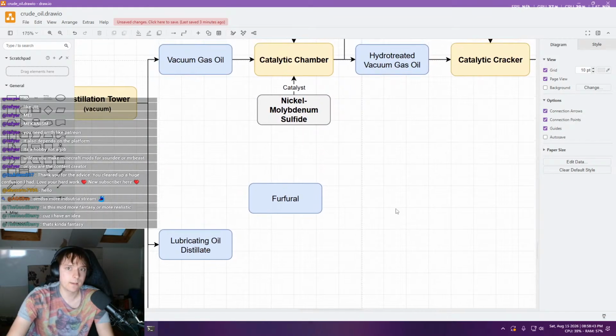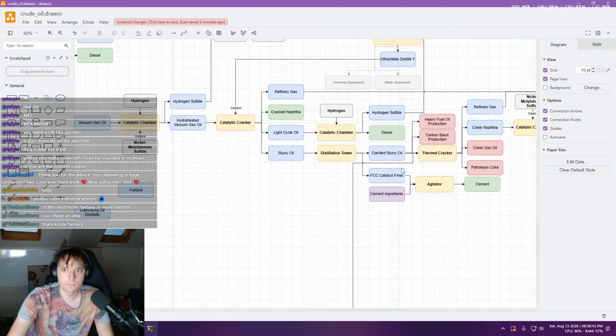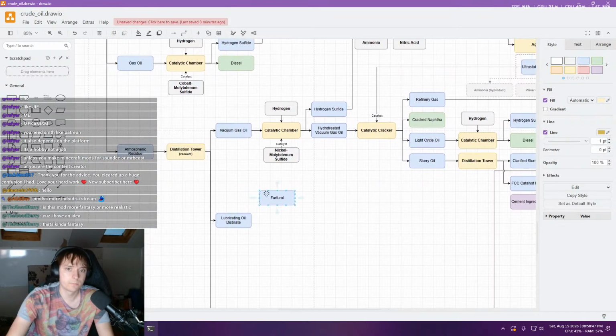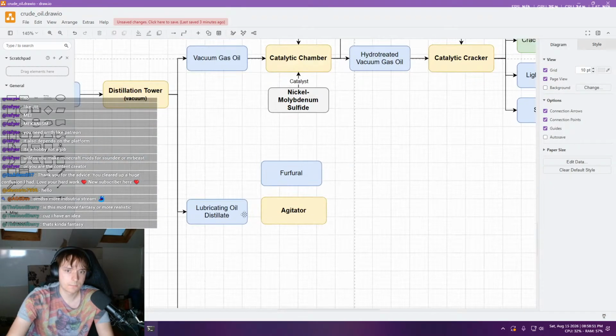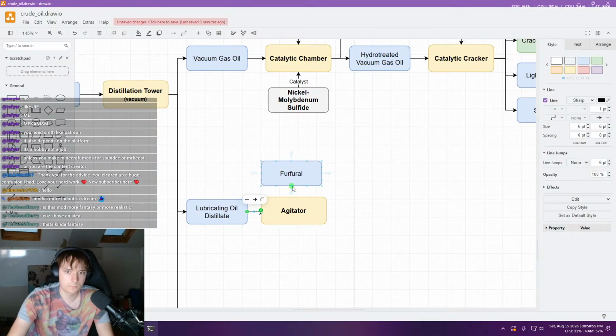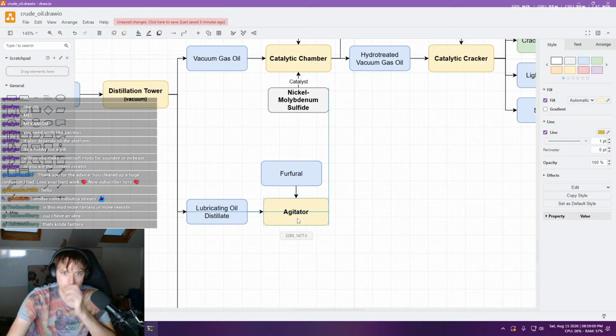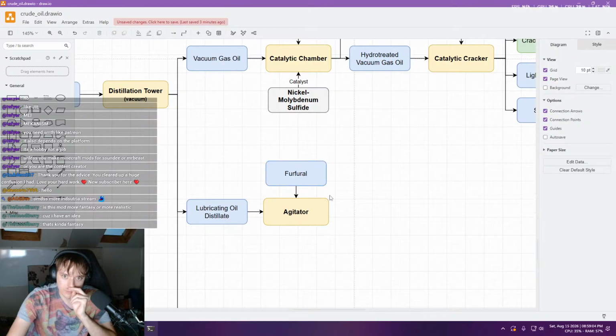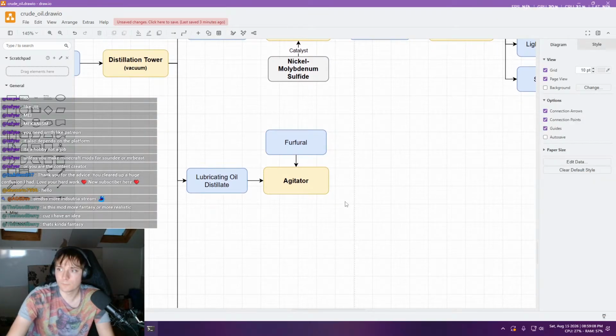Yeah, that in the agitator. We have an agitator too. That gets us... that's off. I think that's... yeah, lovely.